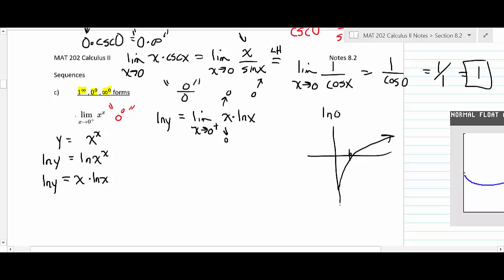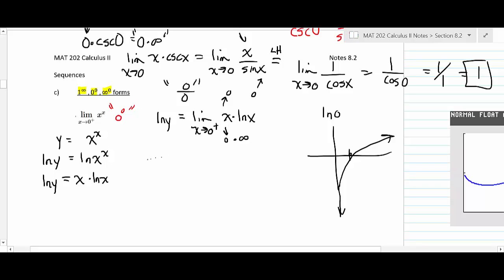So where's it really going? Negative infinity. But it doesn't matter if it's plus or minus infinity. All we care about is it's really a 0 times infinity form. So that means L'Hopital's rule is going to apply to this. But the first thing we have to do is, we can't use L'Hopital's rule until we write this in a fraction.